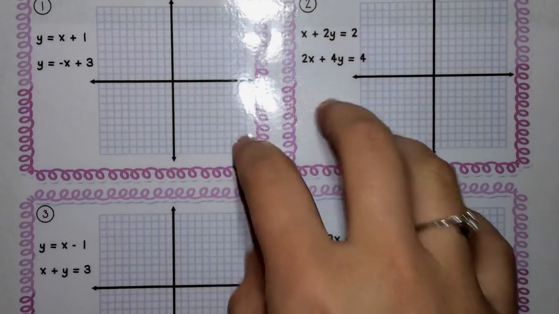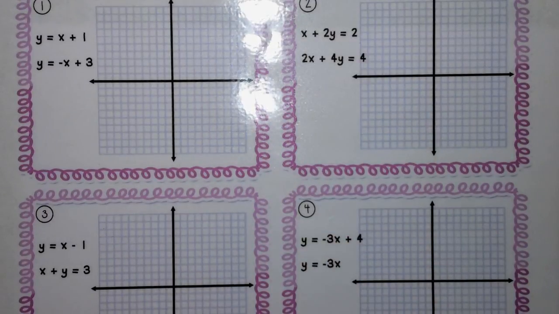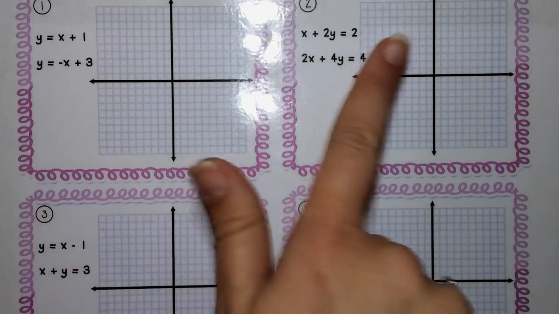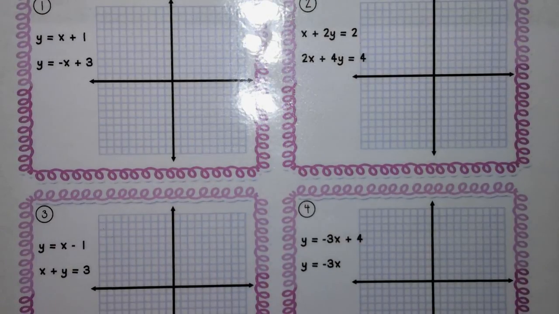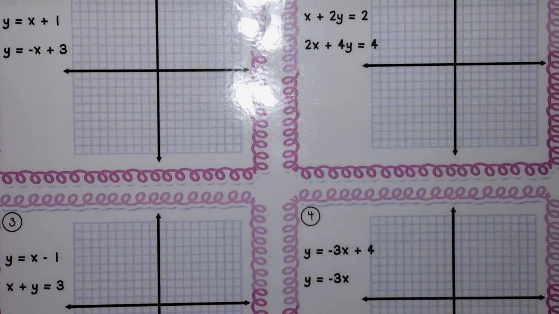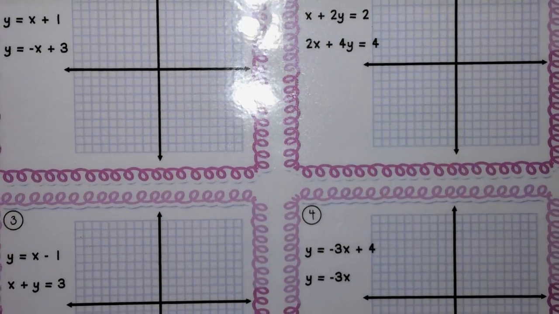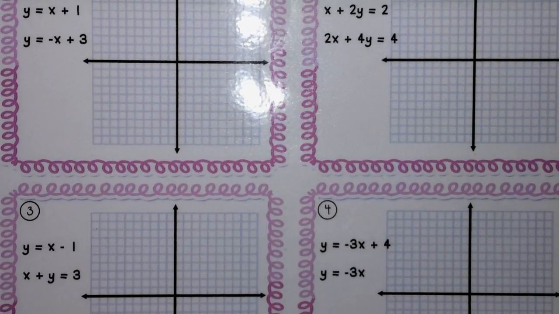And label them 1, 2, 3, and 4. Is that better? Yes. Only 4? Yes, only 4.